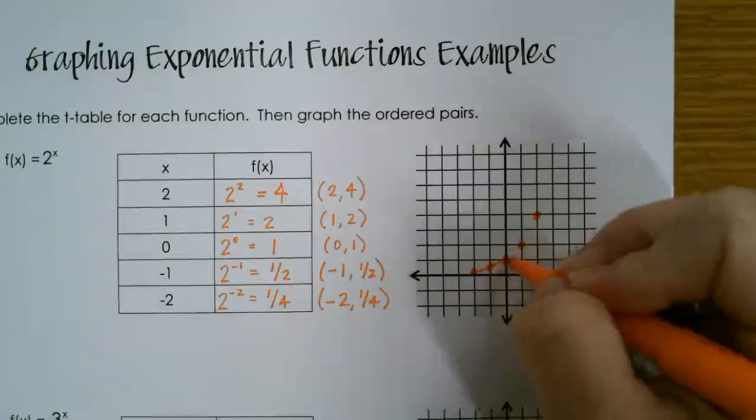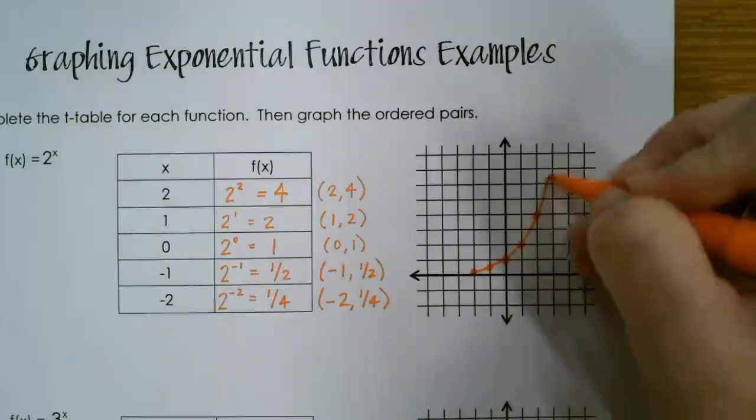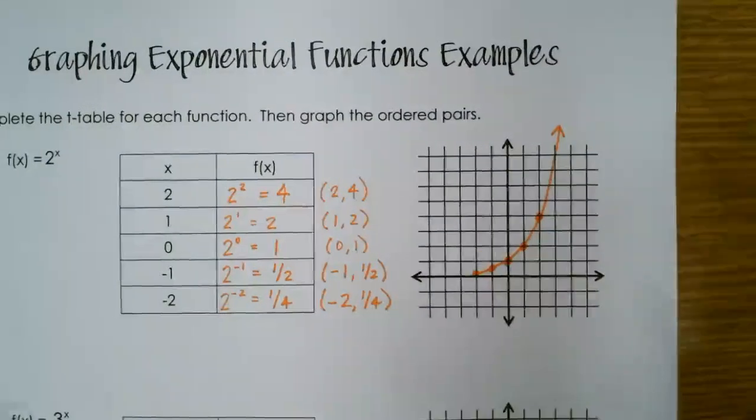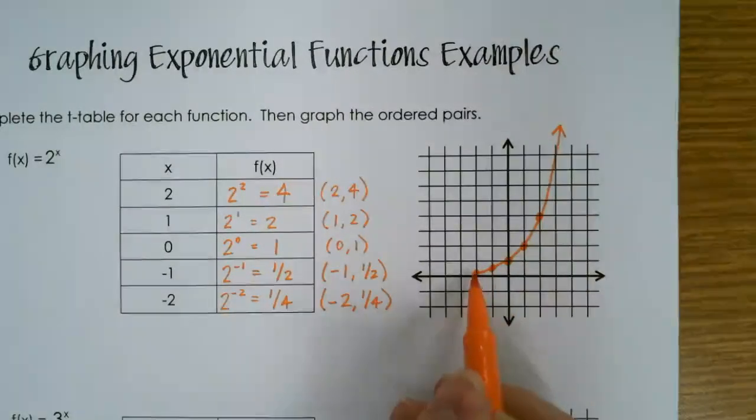So this over here is just continuing to get steeper and steeper pretty quickly because we're doubling the previous y value every time.